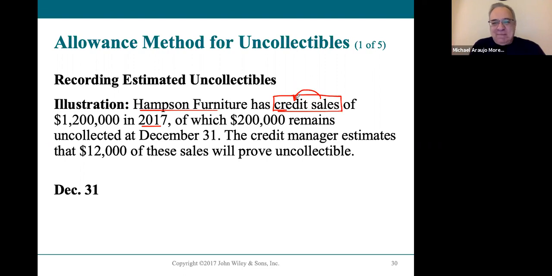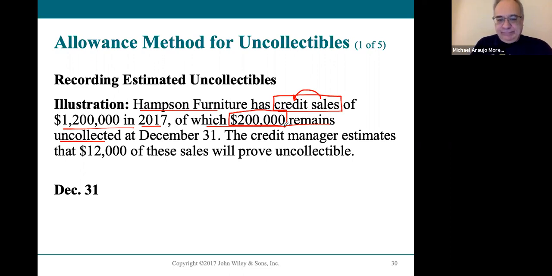It's a credit sale. So this furniture company made quite a lot of credit sales in 2017, $1.2 million of credit sales. Okay. Now, certainly they've been doing this all 12 months, so it's not like they're waiting for all 1.2 million. They've been collecting that money as they go. However, $200,000 of that remains uncollected, which means the $200,000 is their accounts receivable.